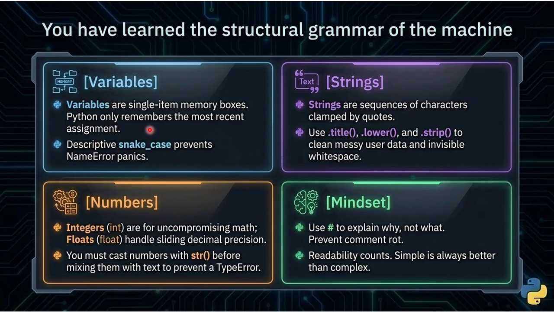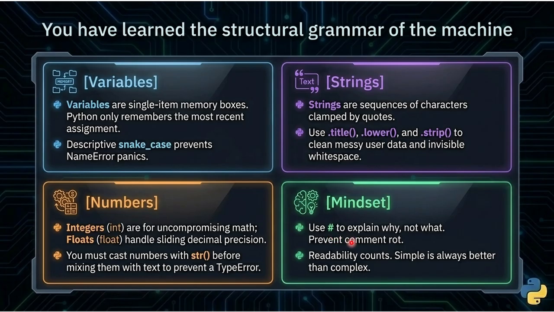We covered variables, which are single-item memory boxes. Python only remembers the most recent assignment. You should use snake case. Strings are sequences of characters clamped by quotes, and we apply methods over them, some of which are .title, .lower, and .strip. For numbers we have integer and float data types, and for typecasting we use str.